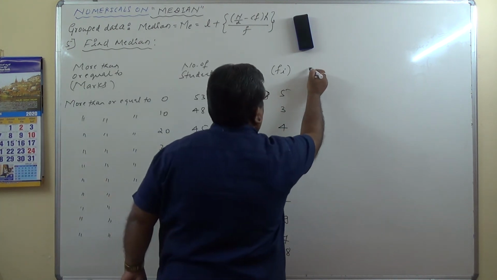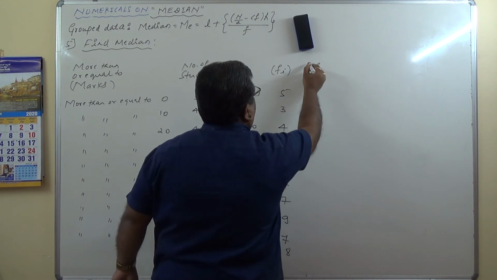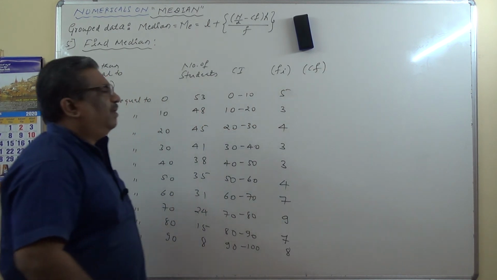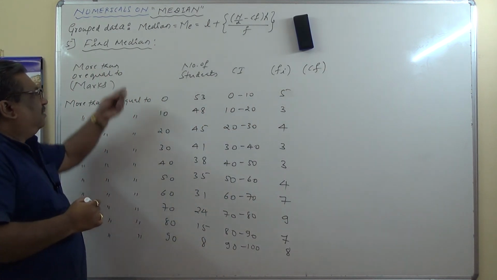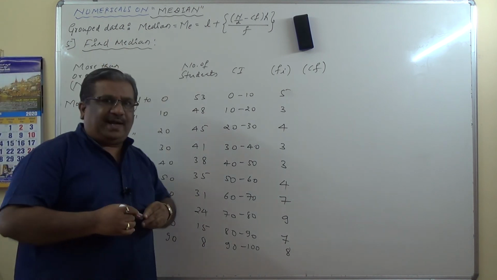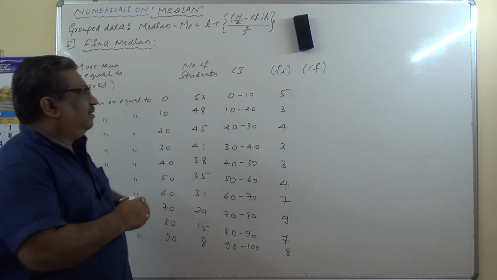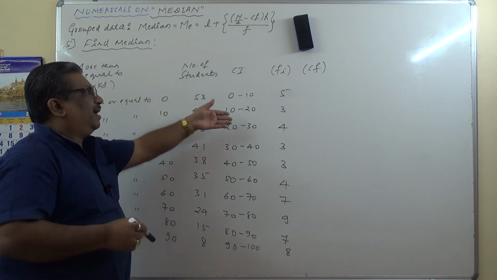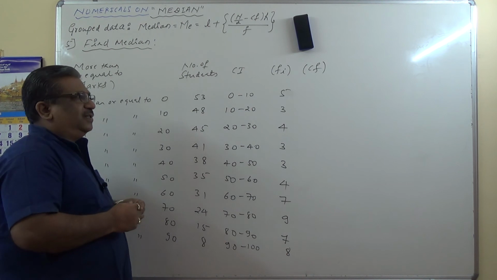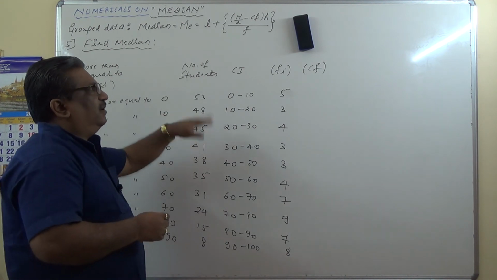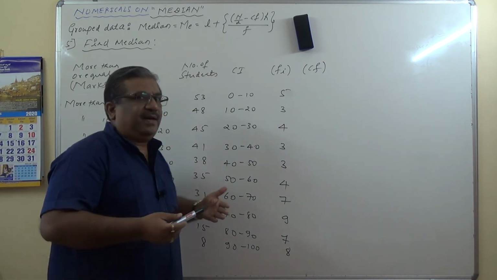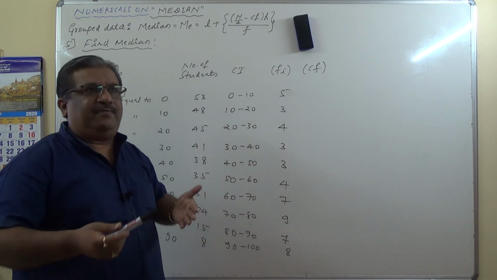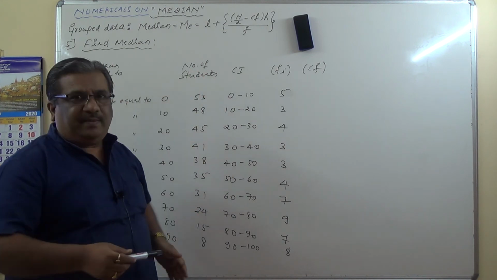Next is CF. See, unlike the less than series, where the cumulative frequency and the given cumulative frequency will match, here it is different. Even though this is cumulative, they should not match with the way we prepare the cumulative frequency distribution table for calculating the median. Generally we require the less than type of cumulative frequency for finding out the median.